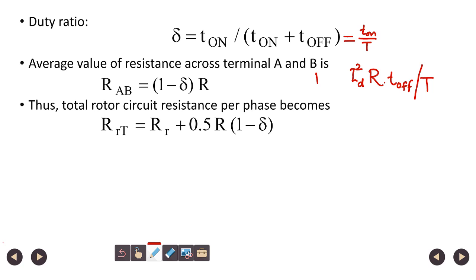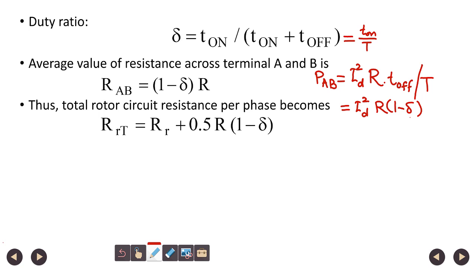So, average power dissipated between points A and B is given by I_d squared R into T_off by T. So, that is I_d squared into R into (1 minus delta), because T_off by T is 1 minus delta.